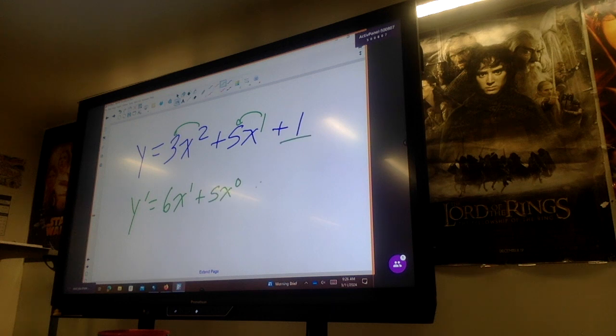Derivative of a constant is just 0. Clean this up, because this becomes 1, so that's 5 times 1. Okay, very simple way of doing it. The rule works the same way if you are subtracting. And there are some other rules that go along with these.